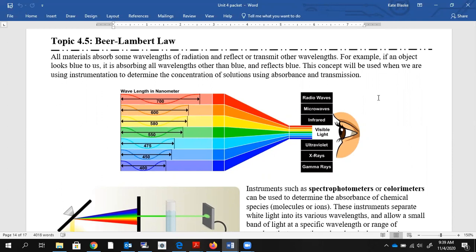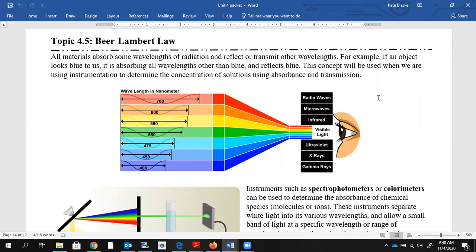This is something you probably haven't talked a whole lot about in science, maybe a little bit. But if somebody's wearing a blue shirt, the reason that it looks blue to us is because the molecules of the coloring of that shirt, or the molecules that make up that shirt, are absorbing all other wavelengths of light other than blue, but they're reflecting or bouncing back the blue wavelengths.